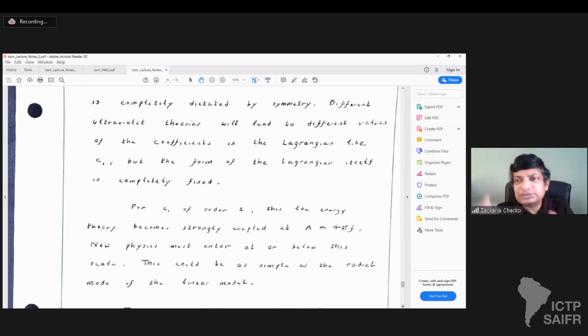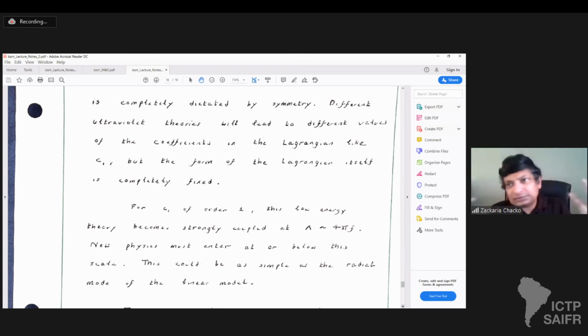And so that means the theory is not well defined. If you try to scatter Goldstone bosons with momentum more than 4 pi f, the theory won't describe it. So that means that new physics must enter below 4 pi f.